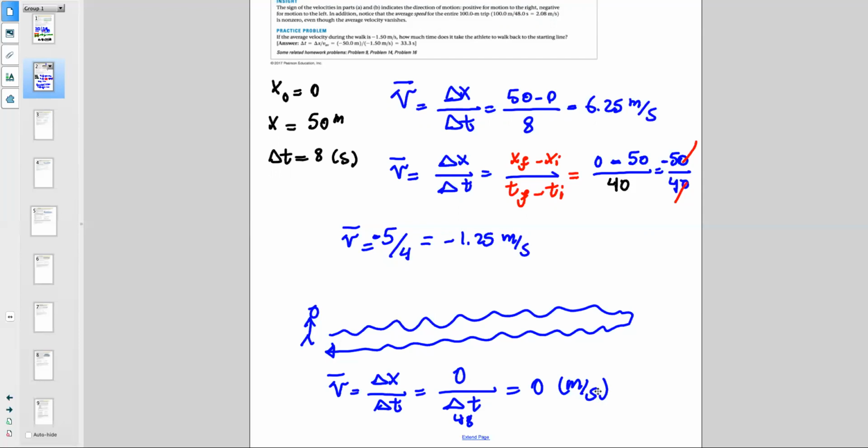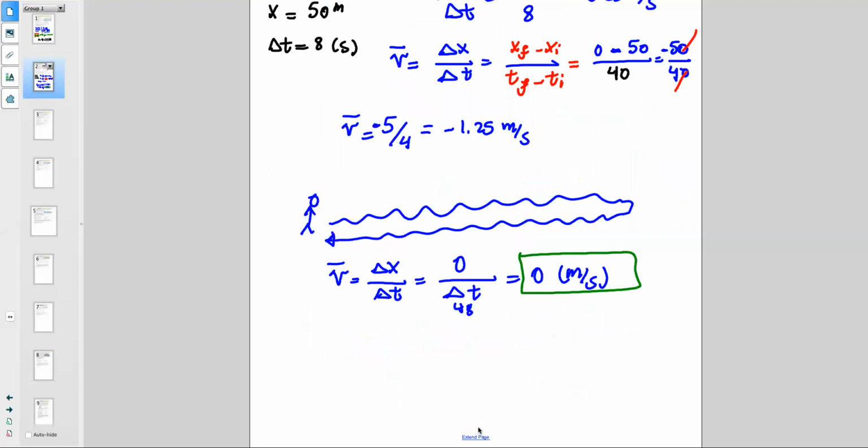This is very interesting. His average velocity for the whole round trip is 0 because he hasn't moved. He came back to where he started, and that's what we talked about in the lecture.